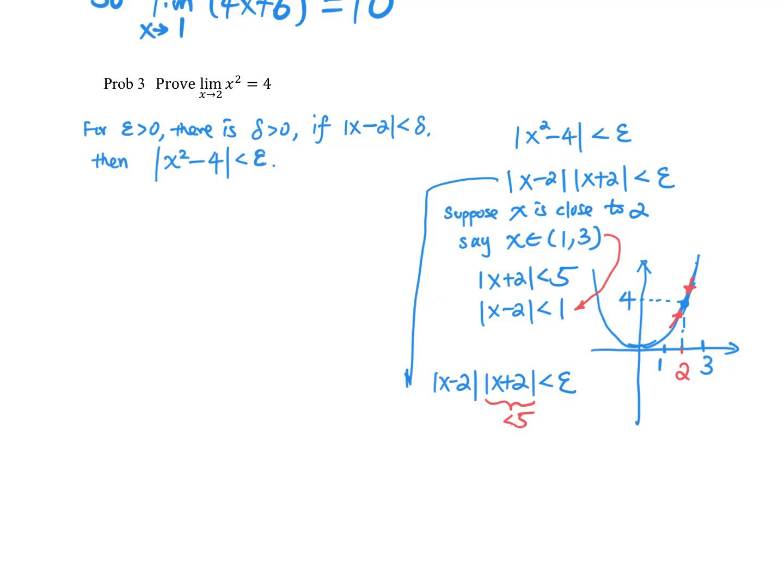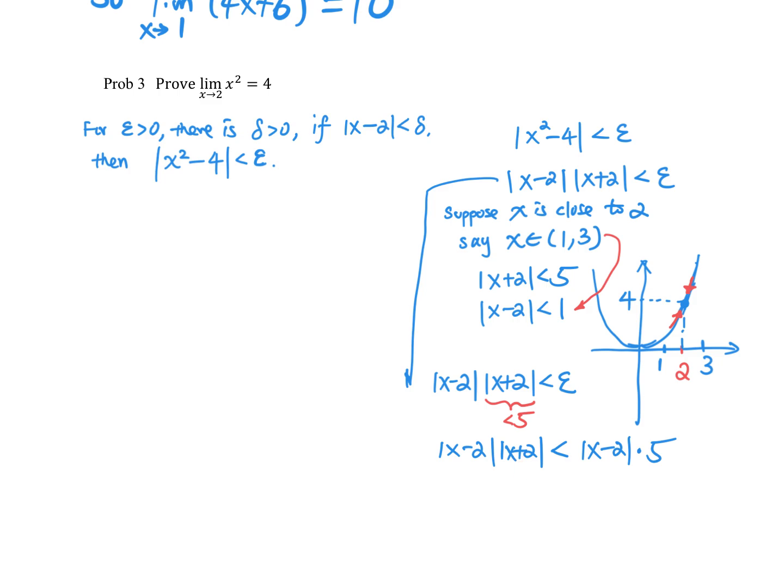So therefore, do you see that this becomes x minus 2 times x plus 2 should be less than the absolute value of x minus 2 times 5, because this guy is less than 5, right?